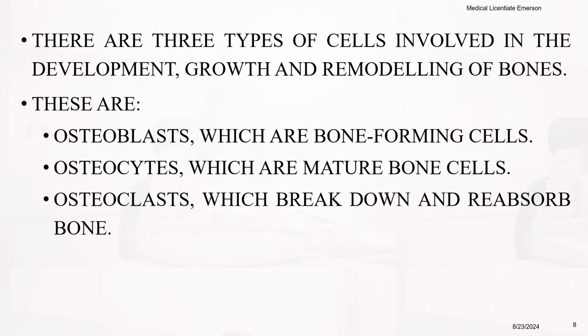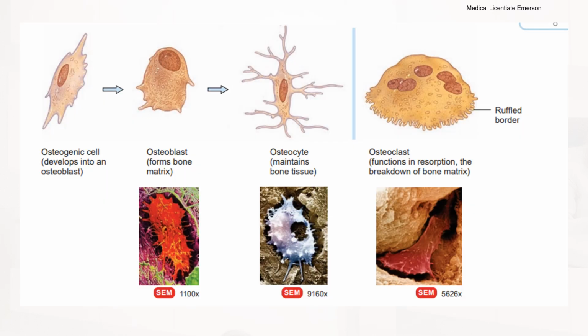So three types of cells are involved in the development, growth, and remodeling of bones: osteoblasts, osteocytes, osteoclasts. Okay, so this is an osteogenic cell which develops into an osteoblast, which forms the bone matrix. Then this is an osteocyte which maintains bone tissue. Then this is an osteoclast which functions in the resorption, the breakdown of the bony tissue.